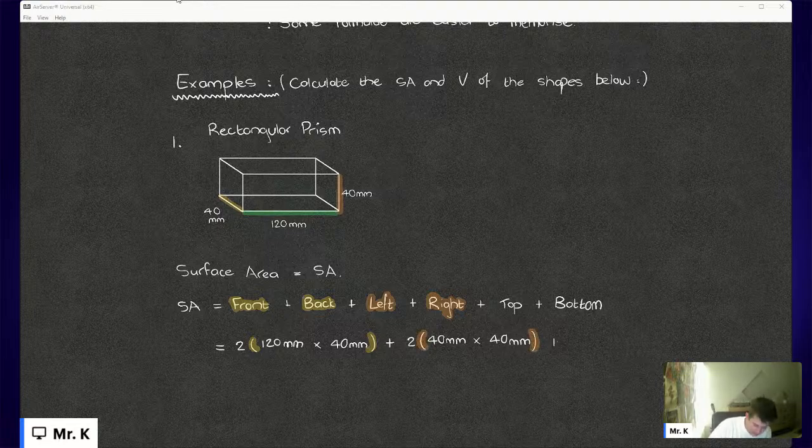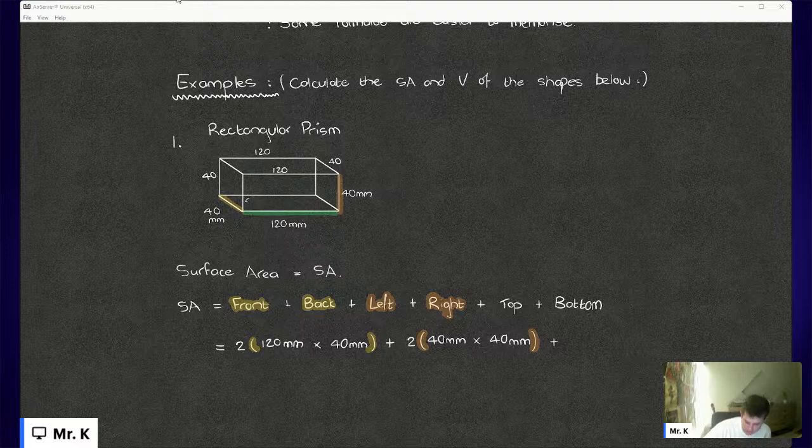And finally, I can do the top and the bottom. Remember, this top piece over here and the bottom are going to be equal in size. Okay? If you guys feel the need to go and write all of the dimensions on every single side of the shape like so, guys, there is nothing stopping you from doing this.